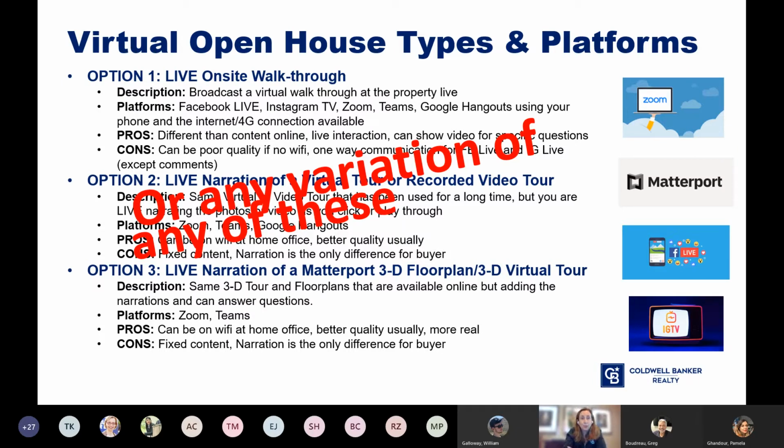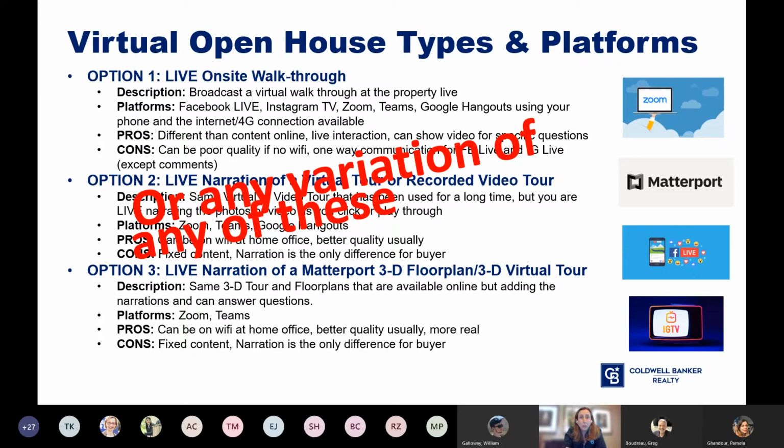You'll use Zoom, Teams, or Google Hangouts type platform for this. The quality, I think can be very impressive, but it is fixed content. And typically the content you're using is going to be something that's already available out there. The narration is really the only differentiating piece. So that would be the value add that a consumer would be looking for when they come to your virtual open house for something like this.